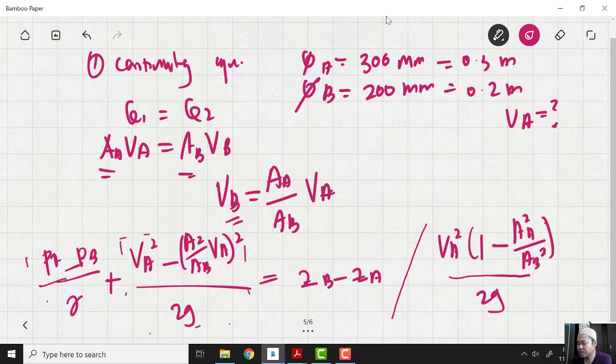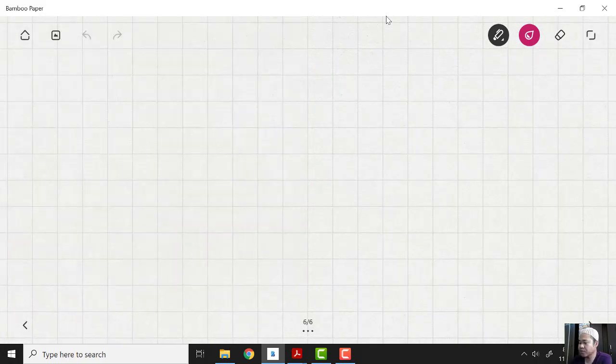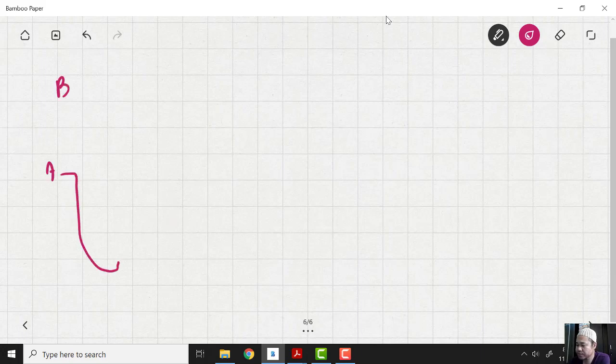Now let's solve the section of the manometer, where the elevation head is. We have the manometer looking like this, point A here, point B here. This is where the manometric fluid ends, and then we start another one from here.